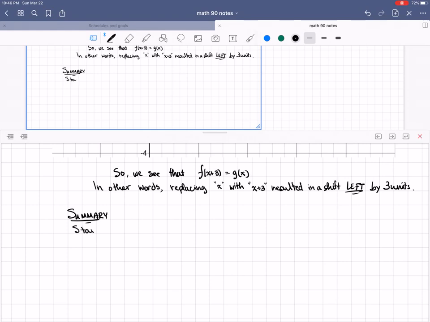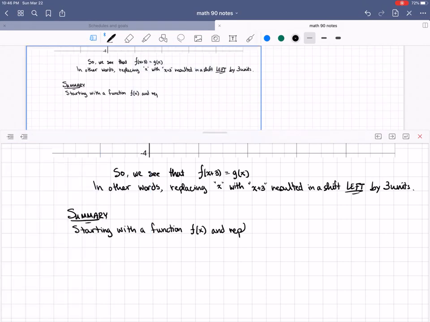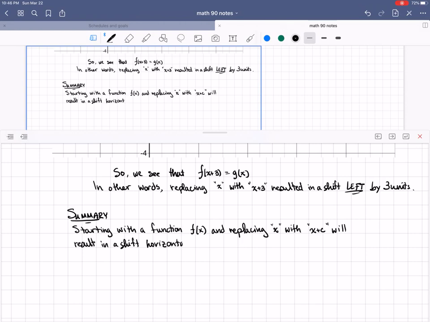Starting with a function f of x, and replacing x with x plus c, where c can be any real number, will result in a shift horizontally, a horizontal shift.